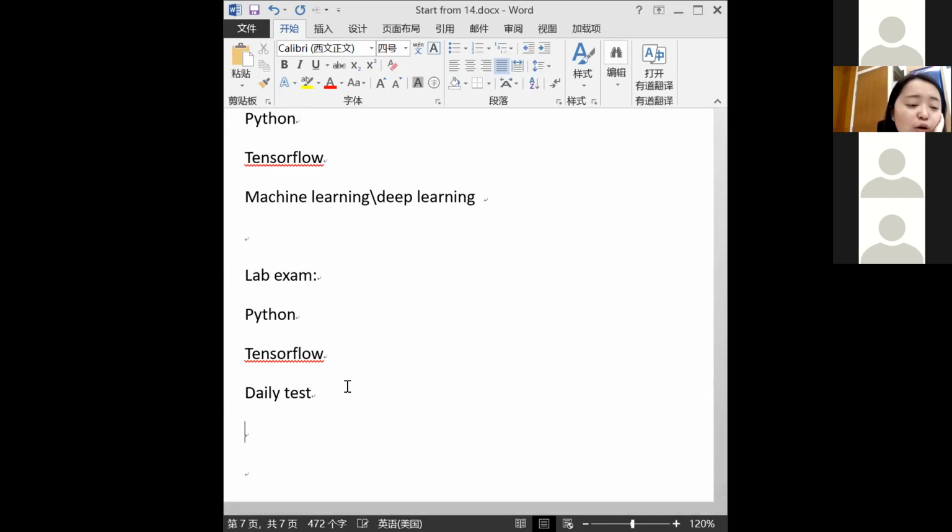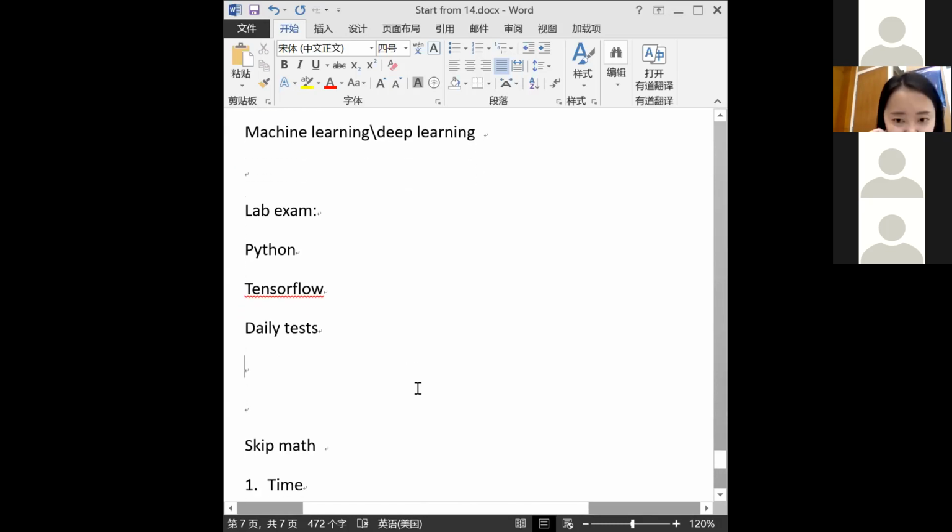Also for the lab exam, you need to focus on image recognition hands-on practice, and we will talk about this image recognition practice maybe tomorrow.